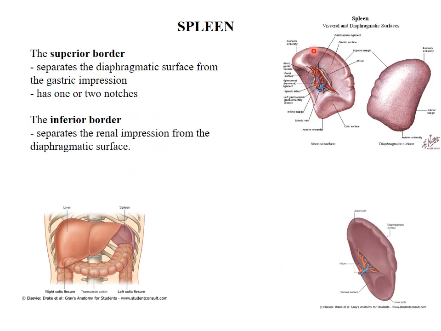Two borders, superior border and inferior border. Superior border separates the diaphragmatic surface from the gastric impression. It is usually convex and presents one or two notches. Inferior border separates the diaphragmatic surface from the renal impression.